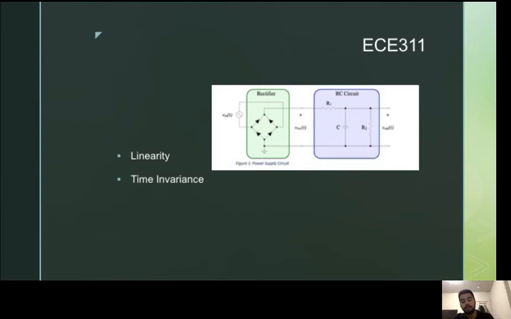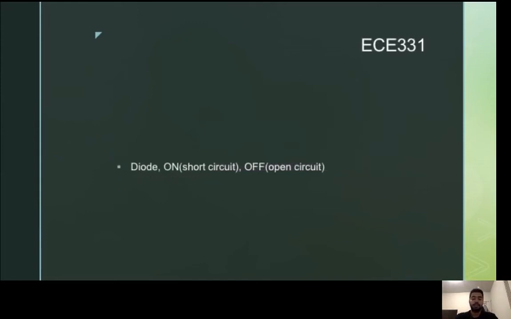Then in the negative cycle of the sine wave, the first two diodes will be off and the second two will be on, and the voltage will go the other way. The diodes make the input more stable, so the full wave rectifier will produce a positive voltage.